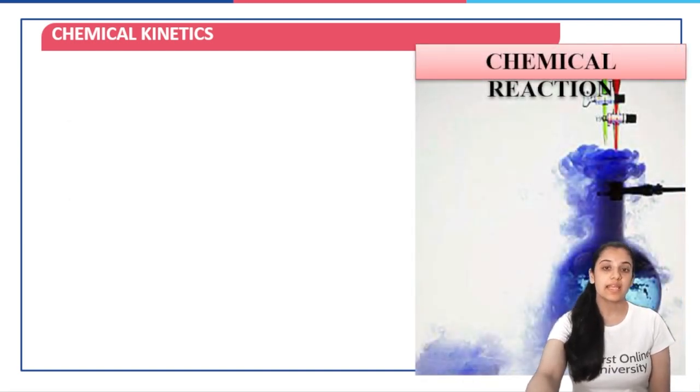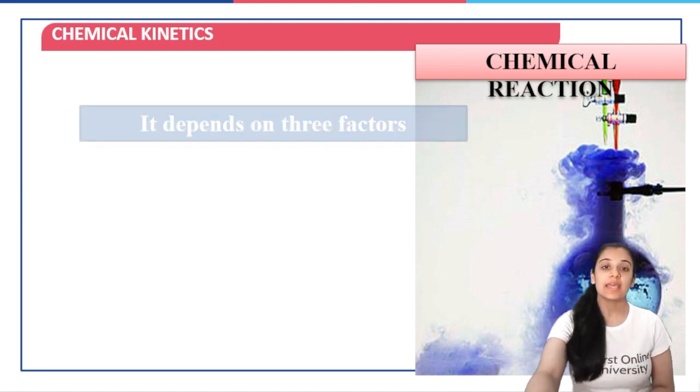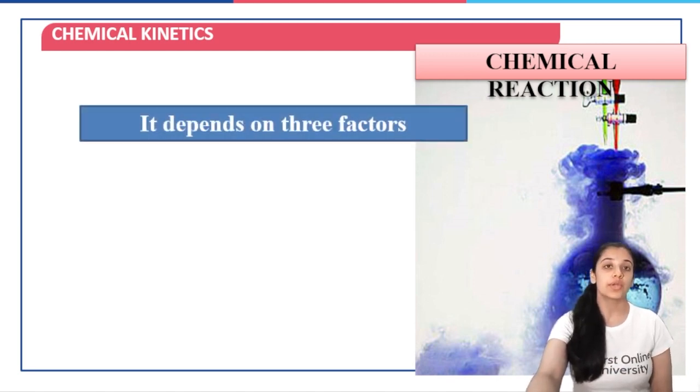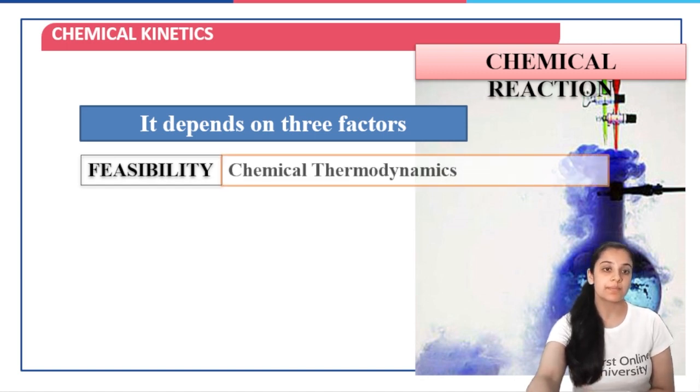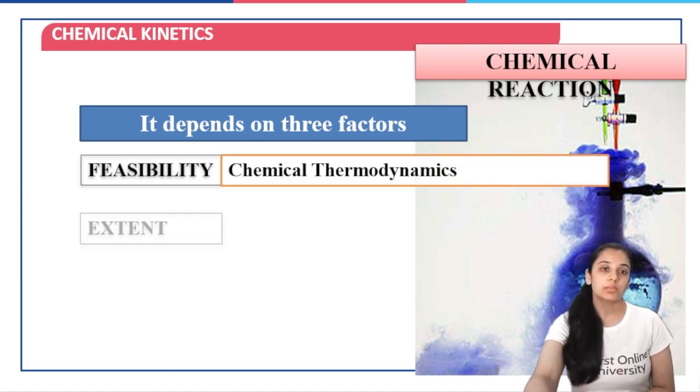Now, whenever there is a chemical reaction taking place, this is something like a vigorous chemical reaction that has been shown, but in general, any chemical reaction taking place is going to depend on three factors. Feasibility, that is how easily the reaction can take place, is answered by the branch of science called chemical thermodynamics.